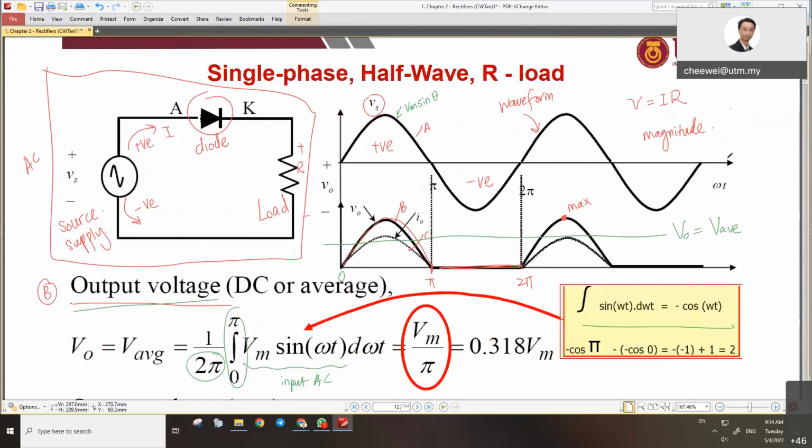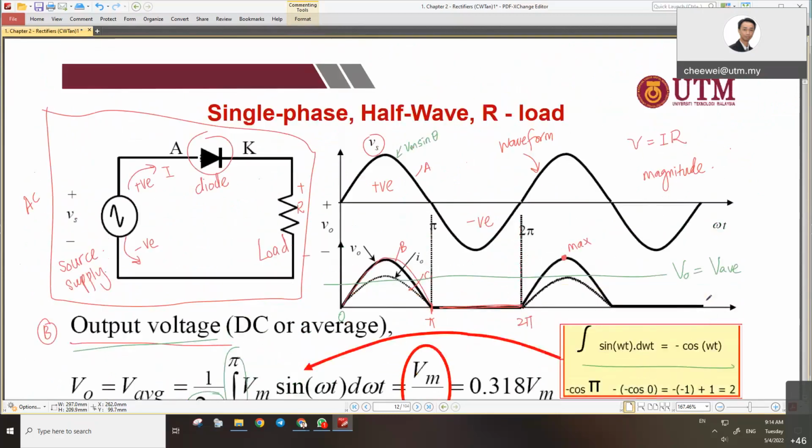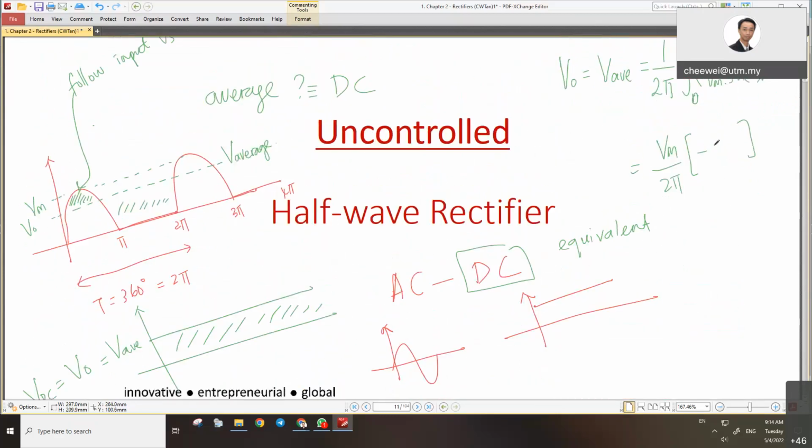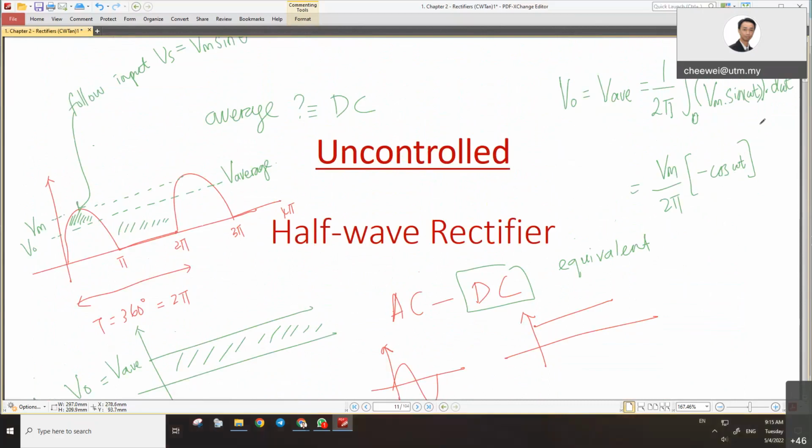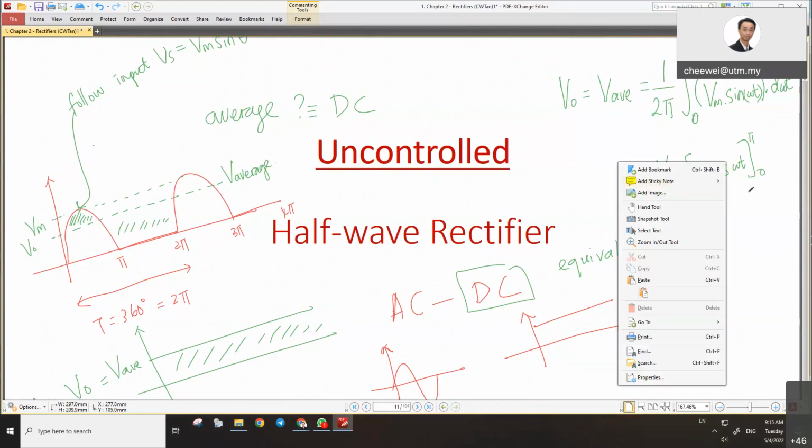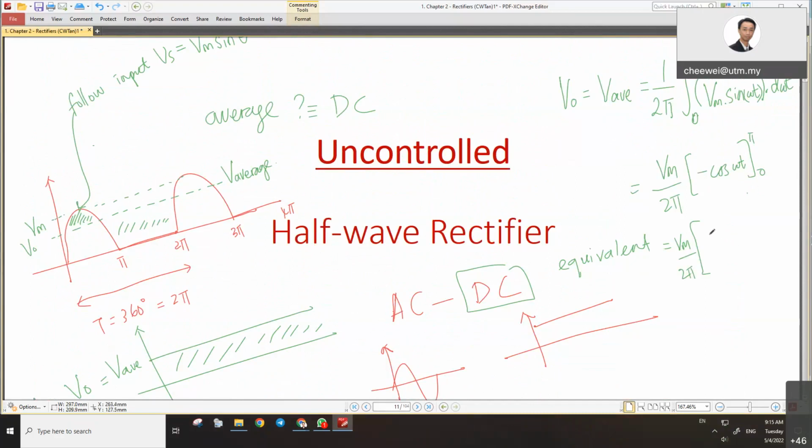Integrate sine, anyone remember? Integrate sine, you get negative cos omega t. Now, where did I integrate just now? From 0 to pi. So I put there pi and 0. So Vm over 2 pi, now the brackets come in. You take pi, put it in, minus, because this one is the difference, right, from pi to 0.